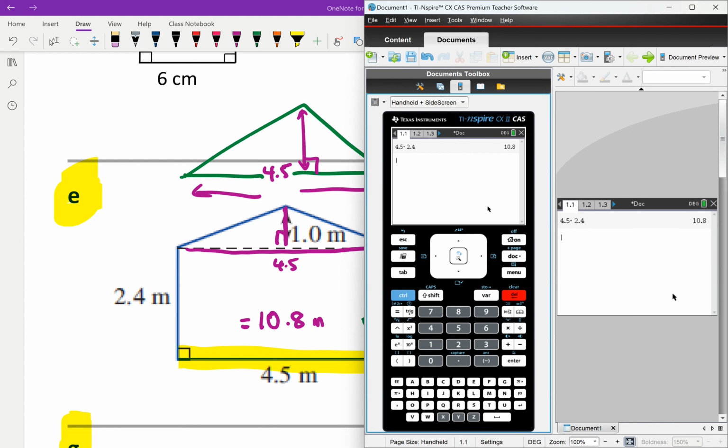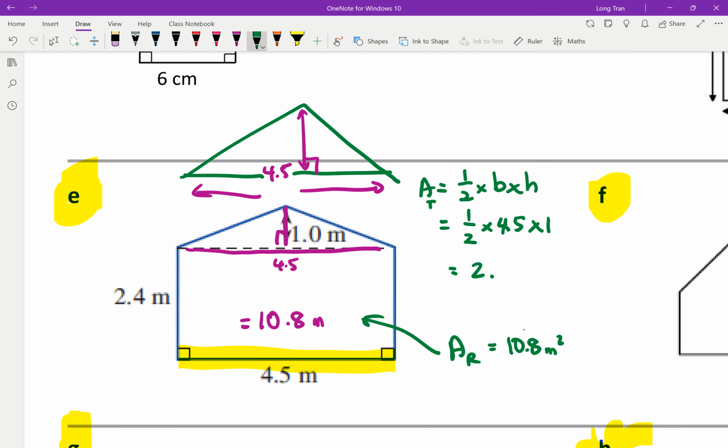If you can't type in the fraction, do bracket 1 divided by 2, close brackets, like that, times 4.5 times 1. Oh, sorry, because I'm using my year 12 calculator. It's 2.25. Okay, so the area here is 2.25.